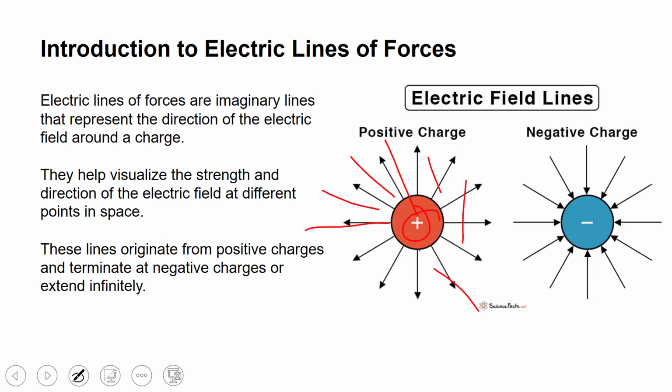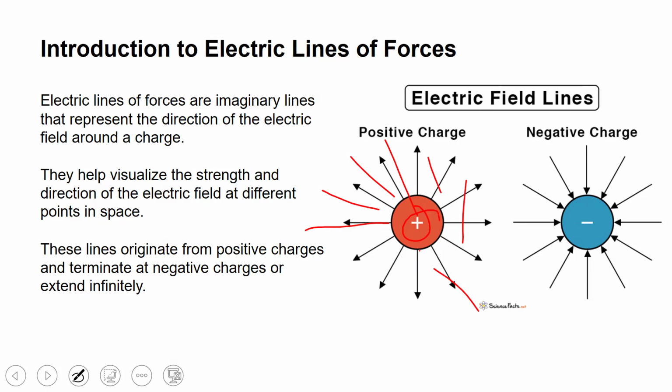So they are coming from infinity and terminate at the negative charge. And of course, in the case of positive charge, they originate and diverge. So they move away from positive charges.